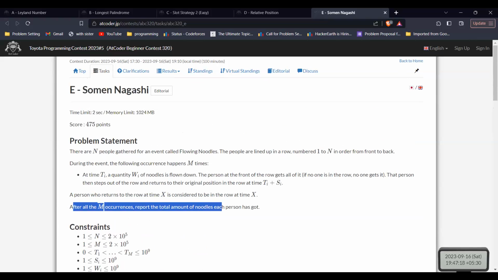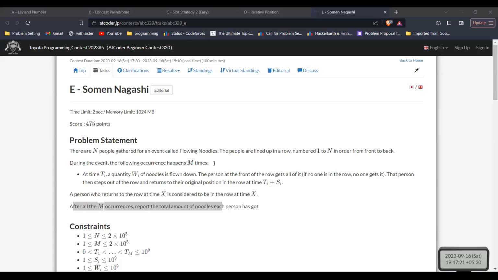Assume there are n people standing in a row. Let's say this is the first person, this is the second, the third, the fourth, all the way up to n. Now assume that some noodles are going to be flown m times.